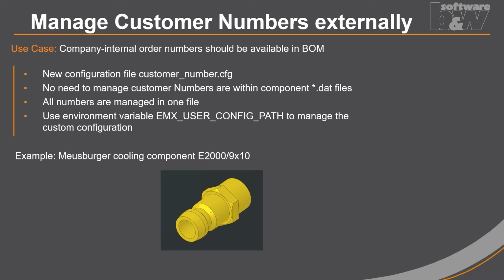And in the past, we already had the opportunity to add customer numbers to all of these components, but within the .dat files. And the problem here was that in case you did some customization on these files, you had to pull them out from the installation and put them into the EMX user config path.